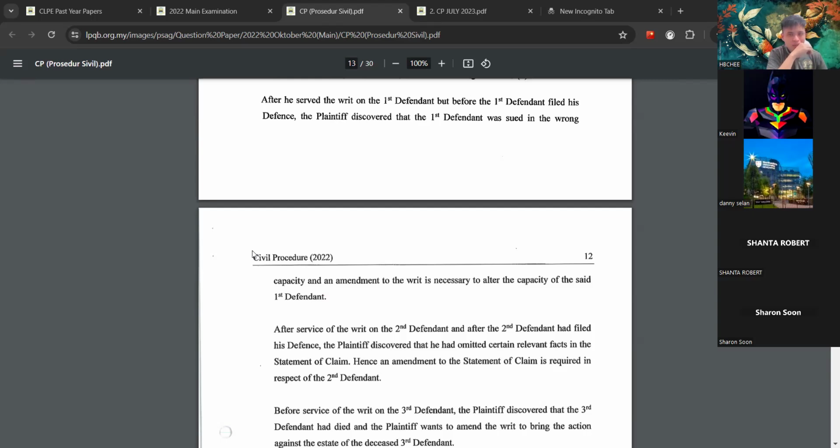Anybody who says yes means during the previous session of the amendment you all might have missed out this question. You may flip to your Order 20 Rule 5 Sub 4.